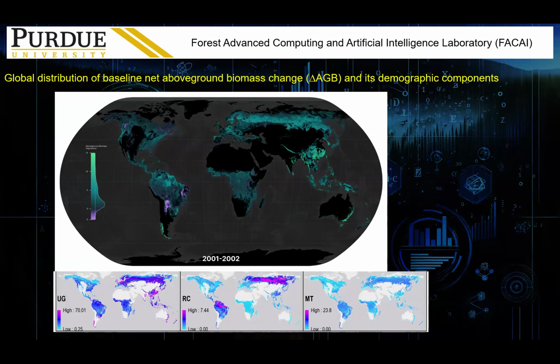We were able to see for any pixel, for any forested area across the world, what has contributed to change of above ground biomass. Having those maps outlining which area is affected more by upgrowth or recruitment or mortality will help us understand how to best conserve and how to best restore the forest in local areas.